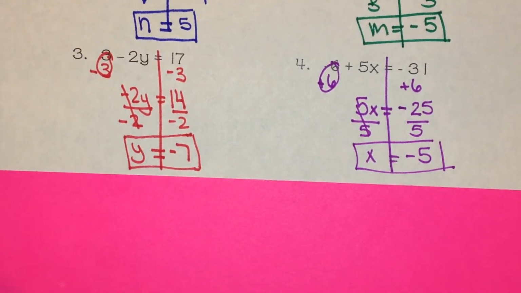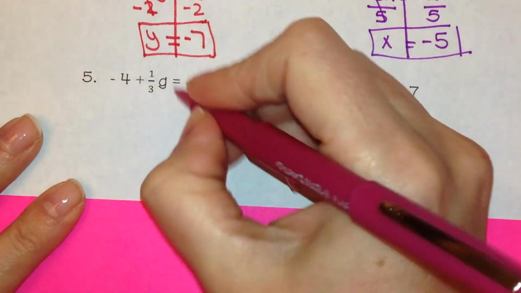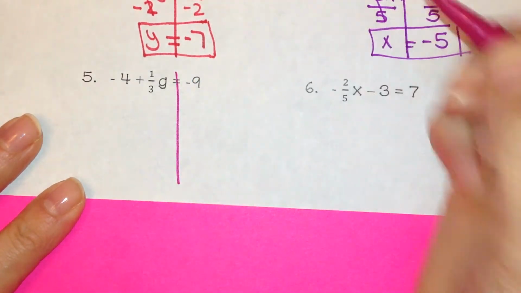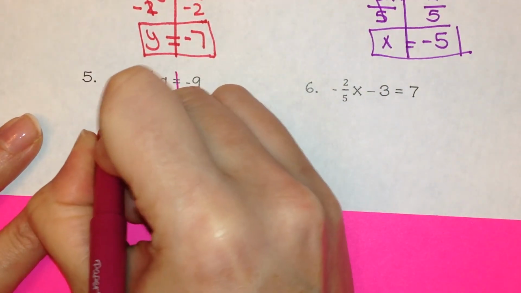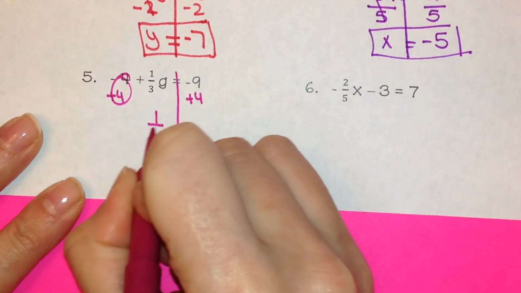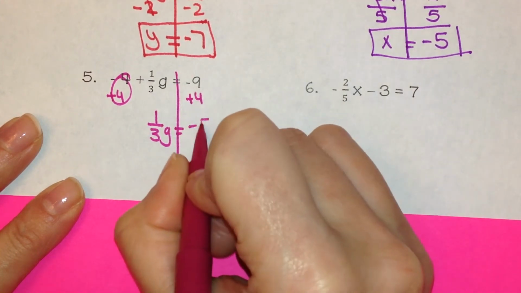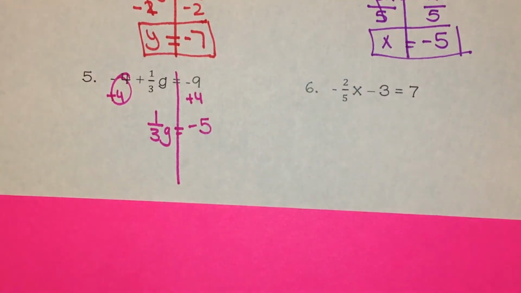All right, now to the tricky ones with those fractions. All right, we want g by itself. Get rid of negative 4 by adding 4 to both sides. So I'm left with positive 1/3 g equals negative 9 plus 4 is negative 5. So remember I said multiply both sides by the reciprocal because g is being multiplied by the fraction.